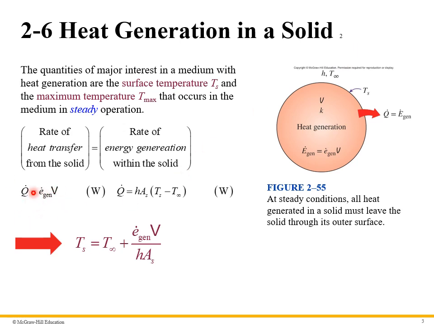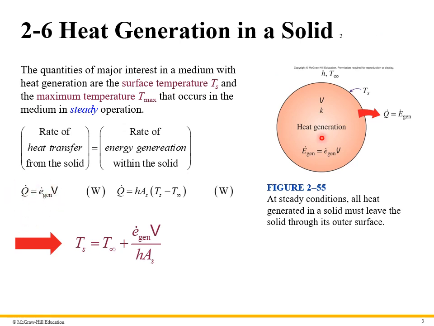We know the formula for Q dot is E dot gen times the volume. And then the Q dot is h times the area times the difference in temperature from the surface to infinity. This one takes care of the Q dot once it gets from the surface out away from the solid.